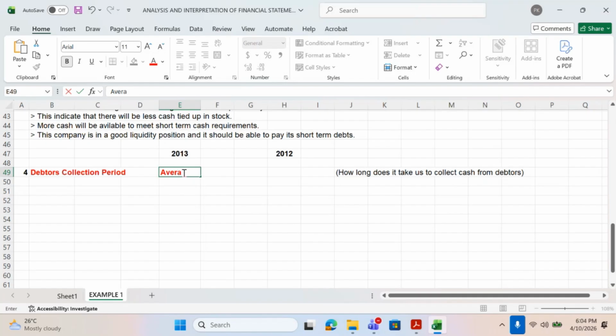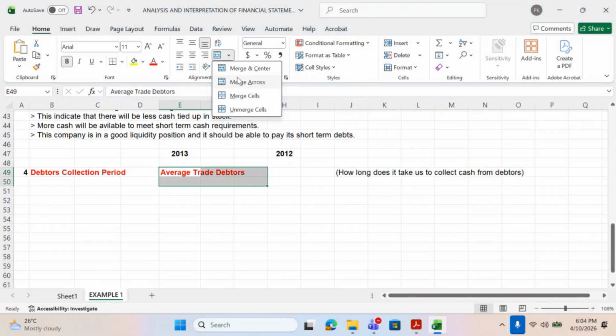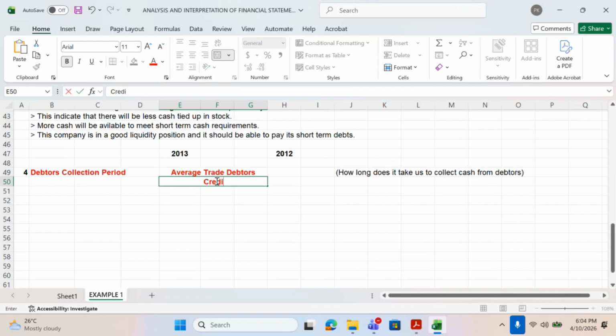Is equal to average trade debtors over credit sales, and then multiply by 365 over 1.